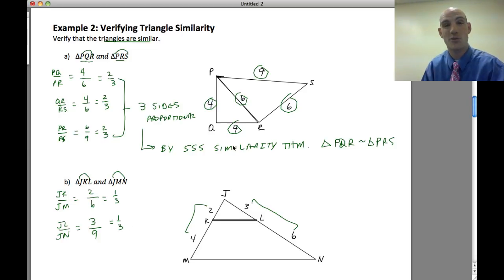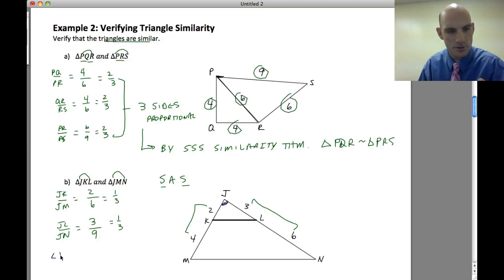Here's the beauty of this. We have two sides. We don't have the third side, but notice what they share. I have a side, angle, side, which involves two sides and the included angle. Well, conveniently, between JK and JL, this angle here, and between JM and JN is also the same angle.